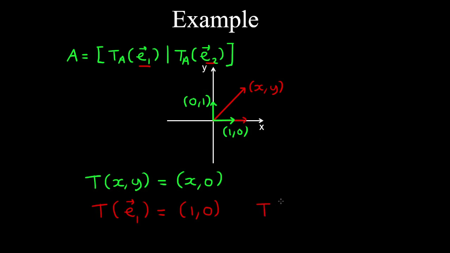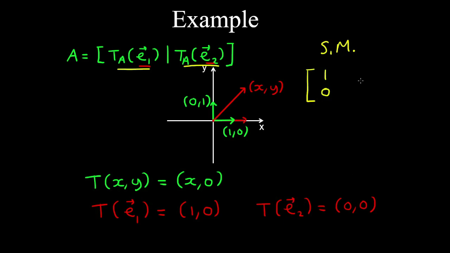Therefore the orthogonal projection of E2 onto the horizontal axis is going to give a point, or a vector with 0 length. So the standard matrix for this transformation is obtained by placing the transformations of each standard basis vector in each column of the transformation matrix: 1, 0 for the first basis vector and 0, 0 for the second.